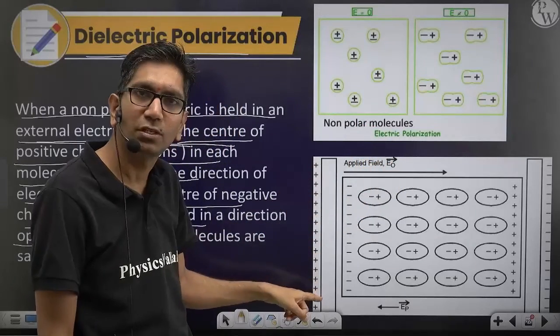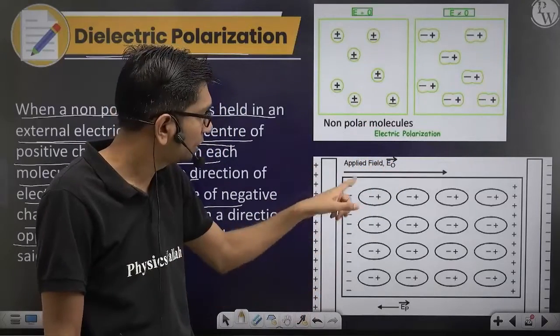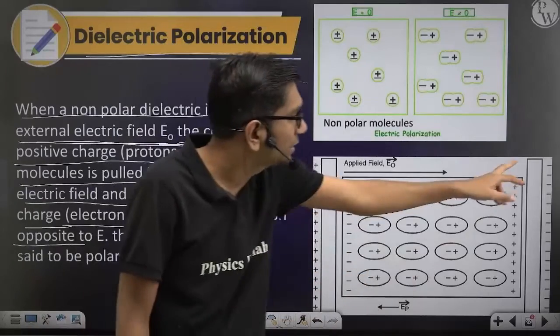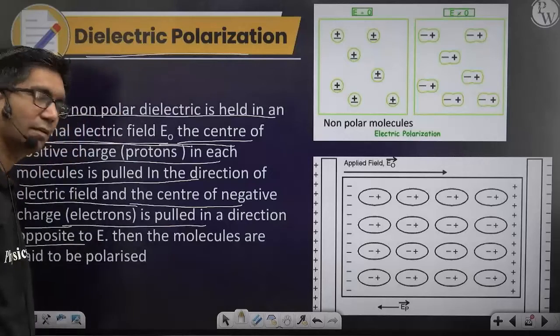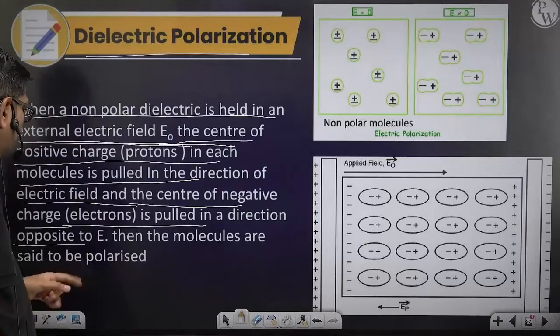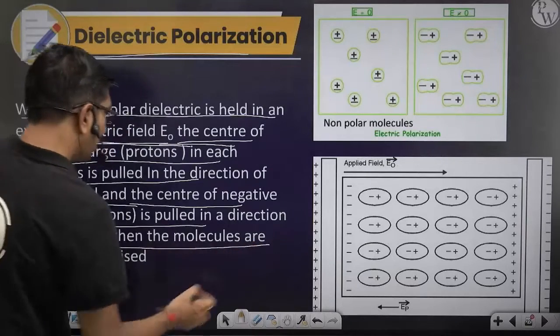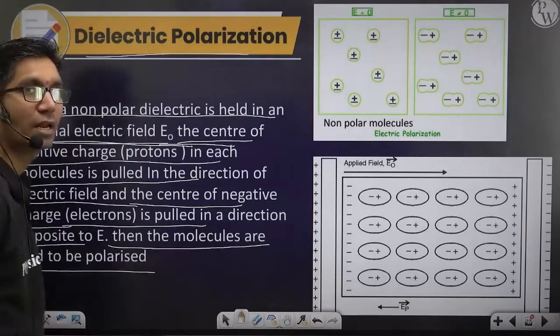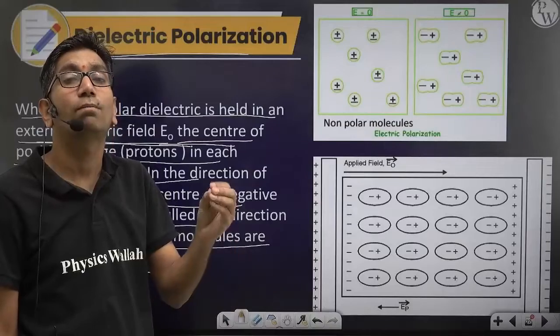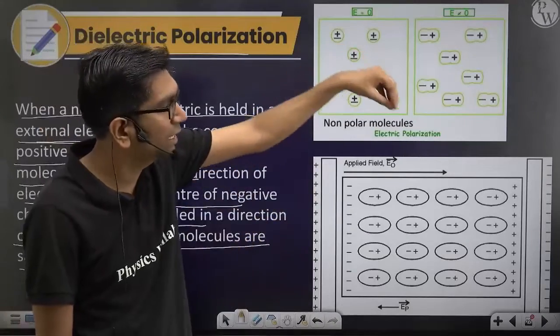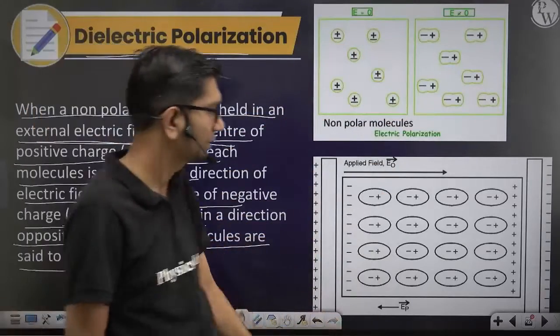This is the positively charged plate, so here you get the negative. This is the negatively charged plate, so here you get the positive. Is it clear? Then the molecules are said to be polarized. After keeping non-polar molecules in an electric field, they get polarized.